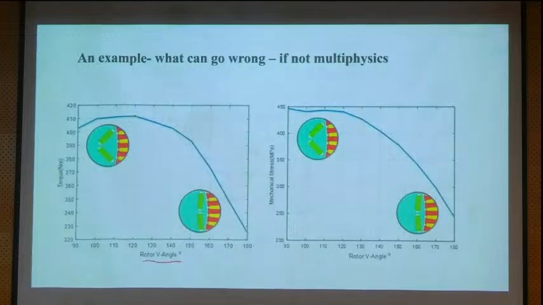V angle is varied, and we are looking at how the torque is changing in optimization, let's say. So for this particular case, we found that okay, V shape gives the highest torque, about 410 Newton meter, and flat type gives us only, I think about 350 Newton meter. So obviously I will use my V type, right?